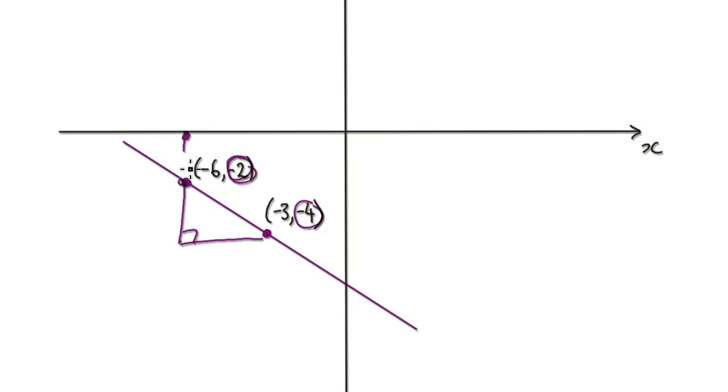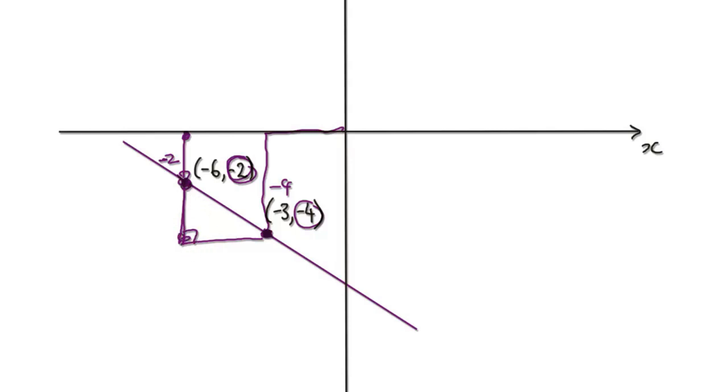So you've moved -2 down here. But for this point here, you've moved 3 across and then -4 down. So -4.